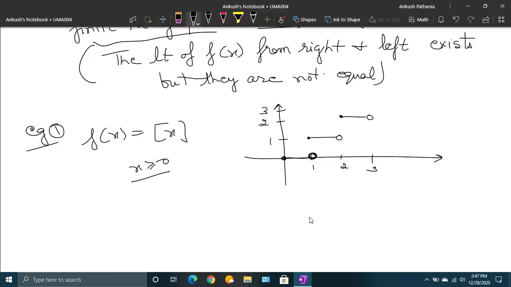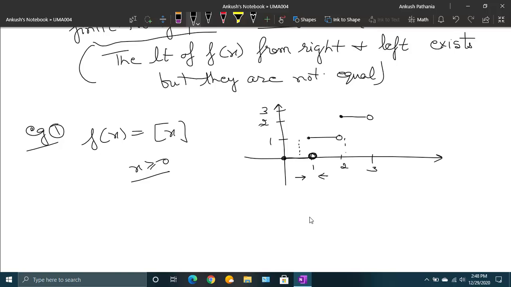And here you can see at every step point, 1, 2 or 3, you have the limit approaching from your left and approaching from right. They both exist but they are not equal. You have a jump in each of these points 1, 2 and 3.